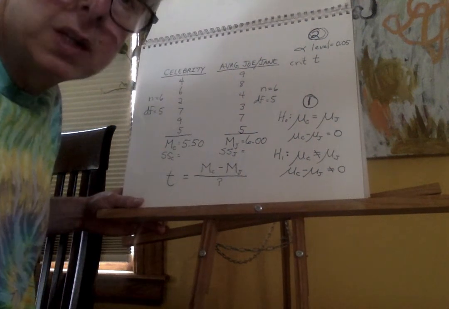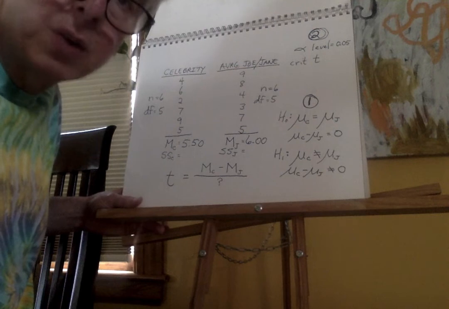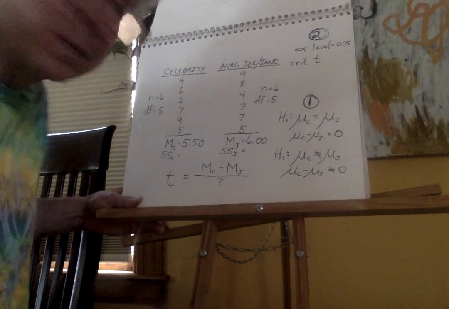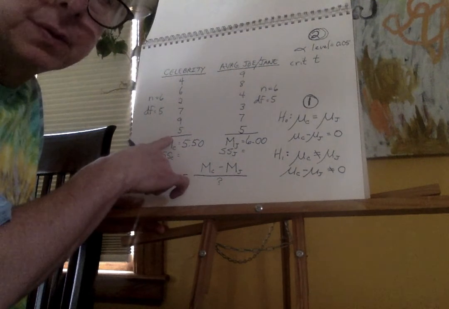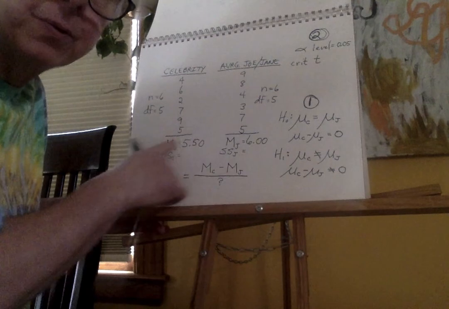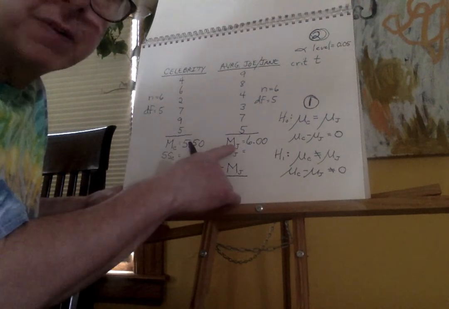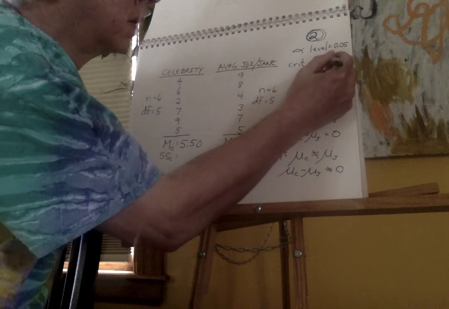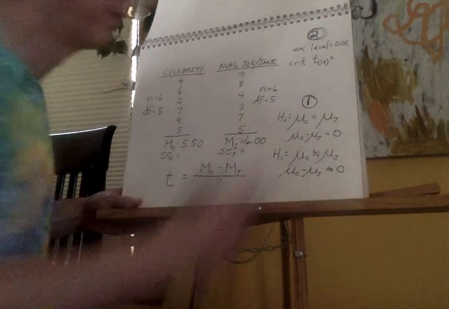So wouldn't the degrees of freedom be 12 minus 1, which is 11? The answer is no. That is not how you do it. Degrees of freedom for the first group plus degrees of freedom for the second group. So 5 plus 5 is 10. In this case, we have 10 degrees of freedom.